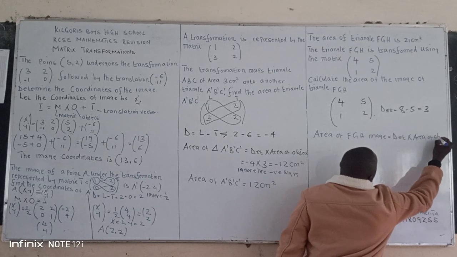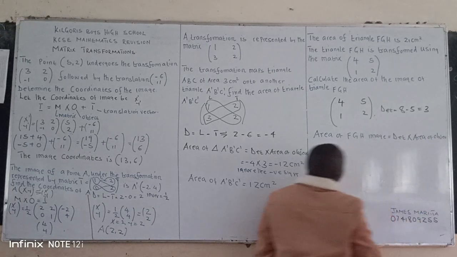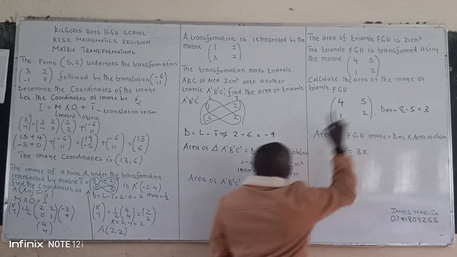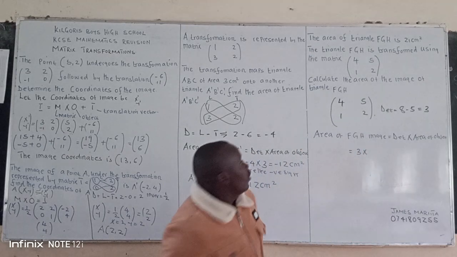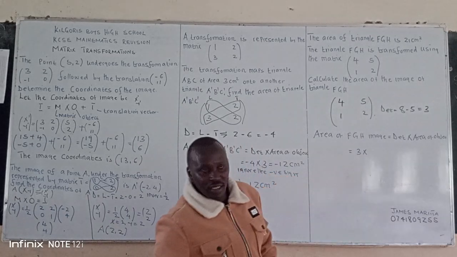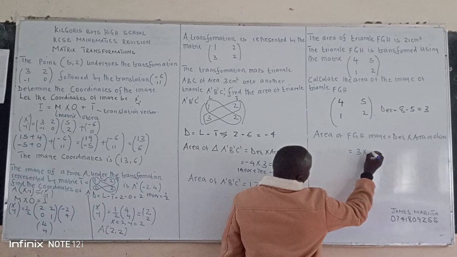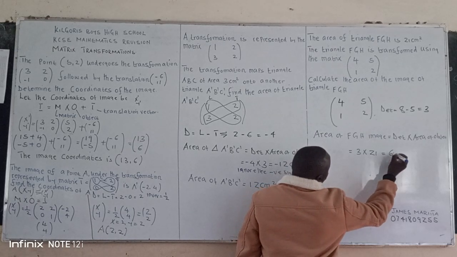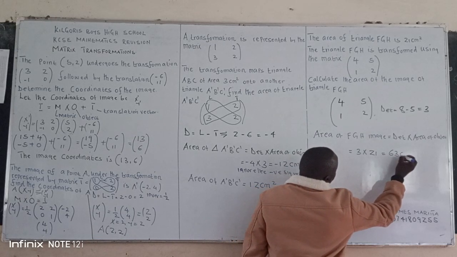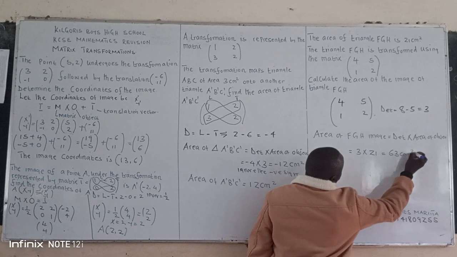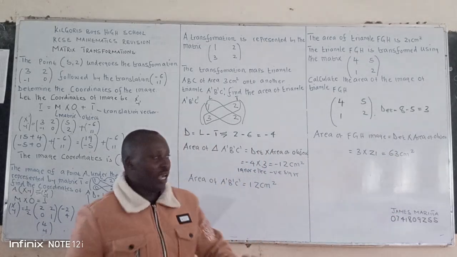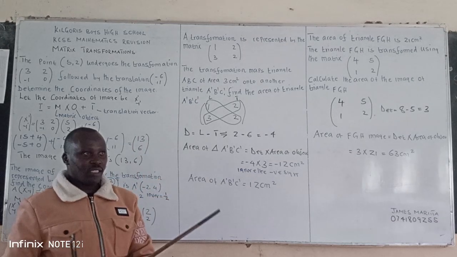The determinant we have as 3, the area of the object is 21 square centimeters. You multiply 3 by 21 square centimeters, and this gives 63 square centimeters. So that is how you can simply get the area of that triangle.